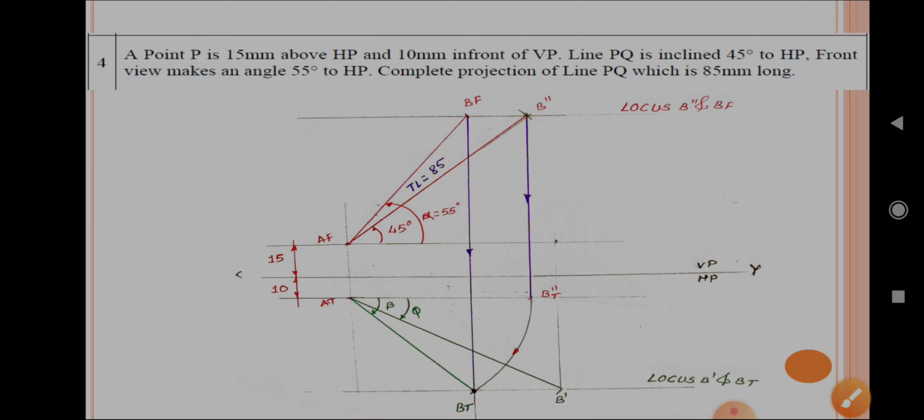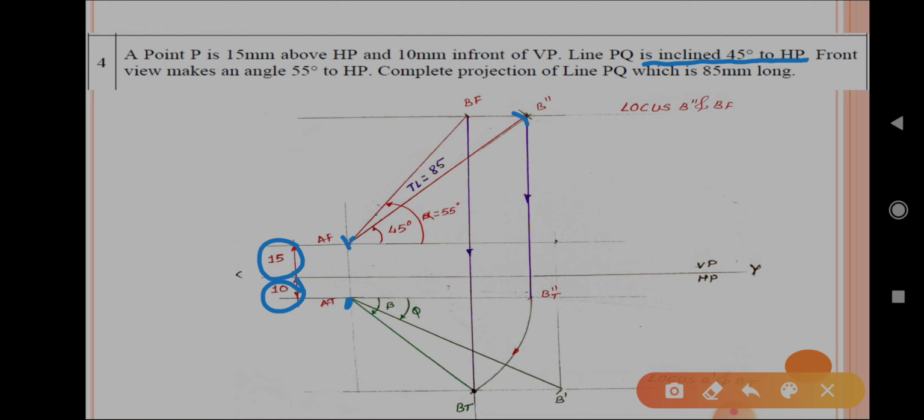In this problem again, first locate the points AF and AT, that is 15 mm and 10 mm. Then the first condition: line PQ is inclined at 45 degree to HP. Line PQ means AF to B dash, true length 85 mm, inclined at 45 degree.